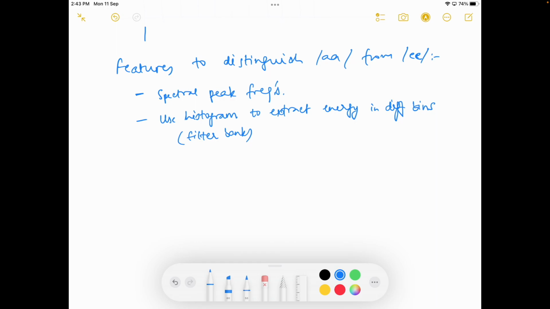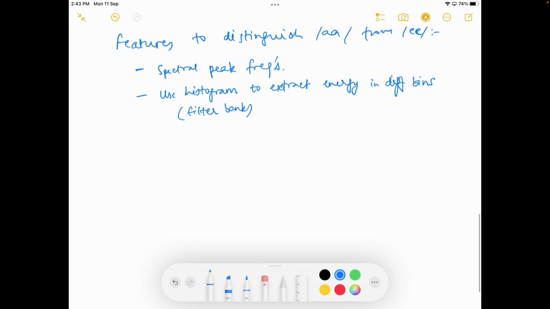Now, notice here, I may like to place my filters on a logarithmic axis or mel axis rather than a linear axis, for the obvious reason that sensitivity has to be uniformly distributed.